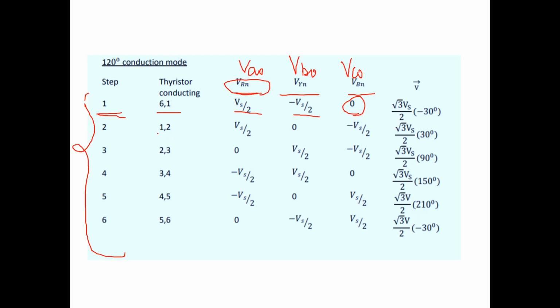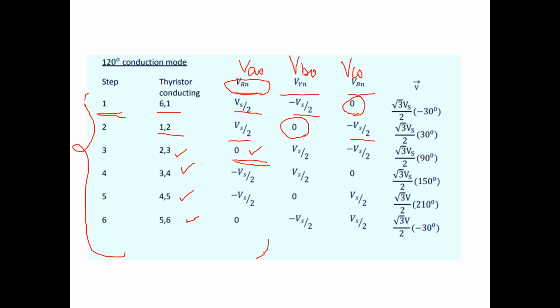Similarly for step 2, the conducting thyristors are 1 and 2, VA naught and VC naught will be conducting, and VB naught will be closed. This is followed for all the thyristors 3, 4, 5, 6, showing which thyristors are conducting and which are closed, meaning the voltage value is zero.